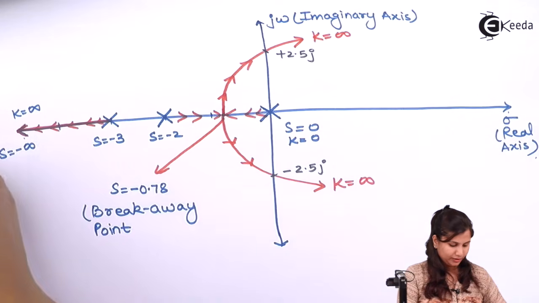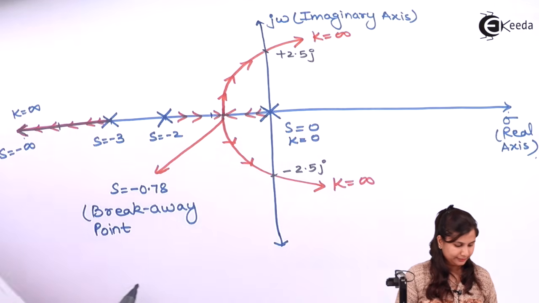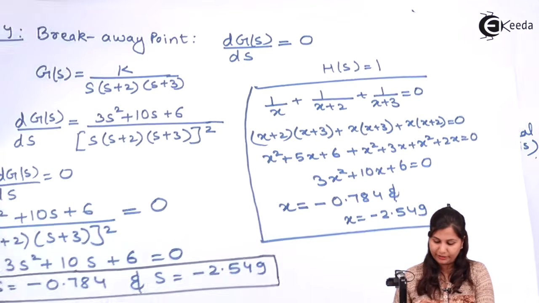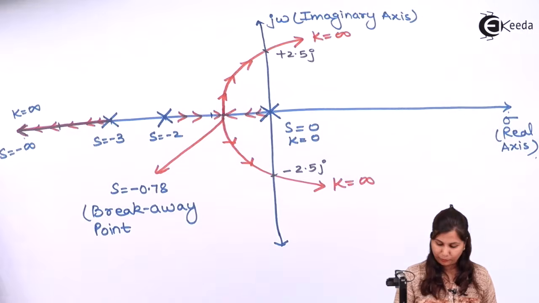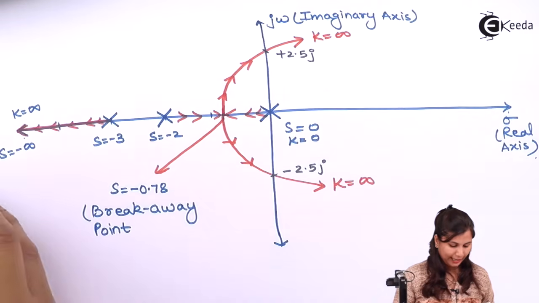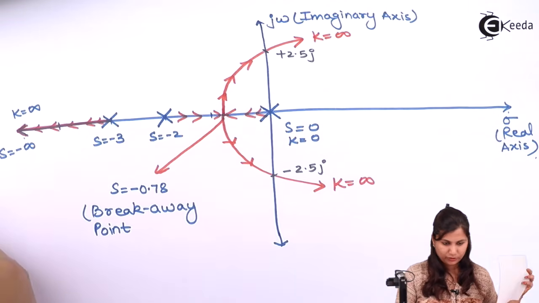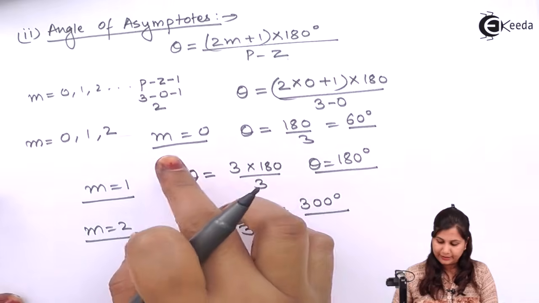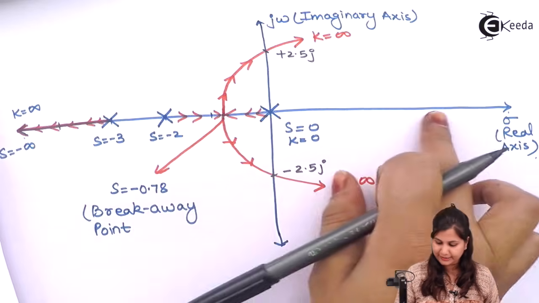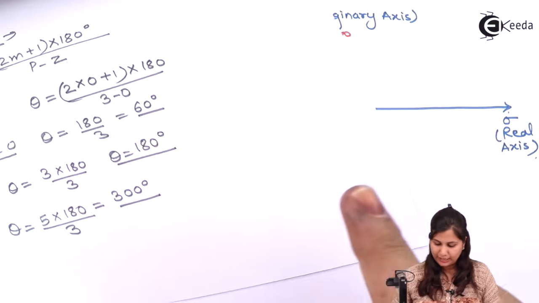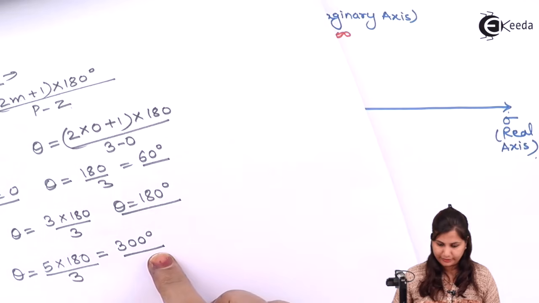Here we have obtained the breakaway point as minus 0.78, and the angles of the asymptotes we have also already obtained: theta equals 60 degrees, theta equals 180 degrees, that is one of the asymptotes, and theta equals 300 degrees.